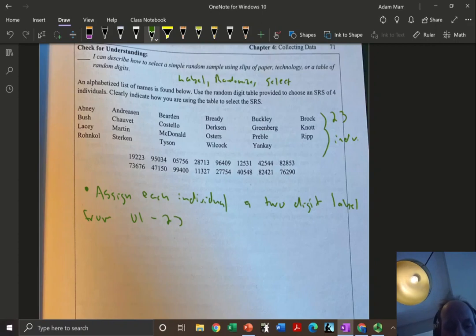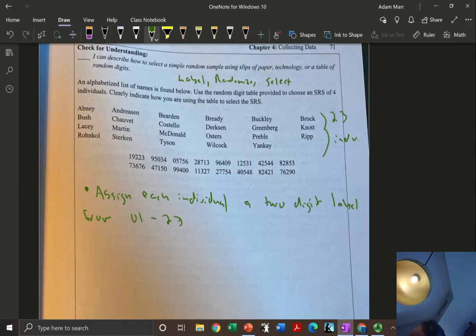This is our general game plan. So we're going to label each individual. The reason we did 2 digits is because we have up to 23. If we only had 1 to 9, we could get away with just 1 digit. But if it contains 10 or more, we want to do 2 digits.